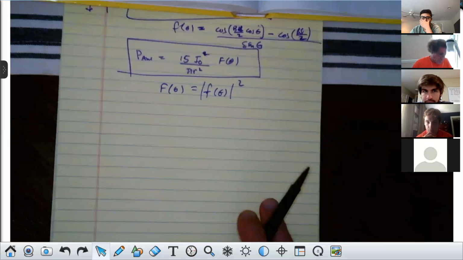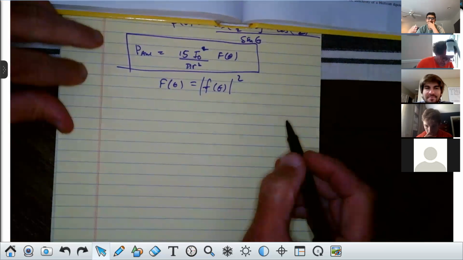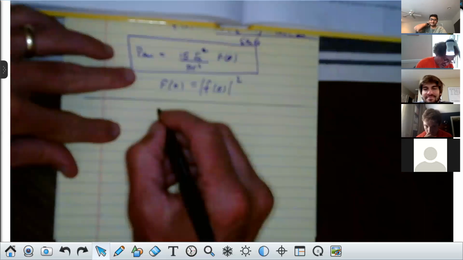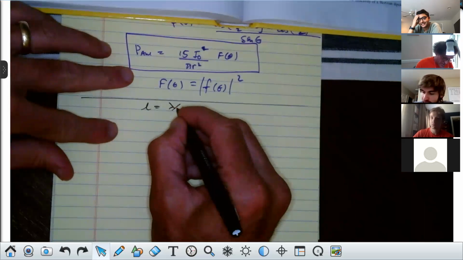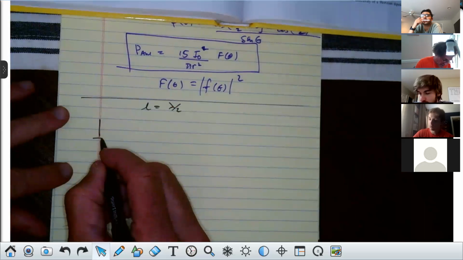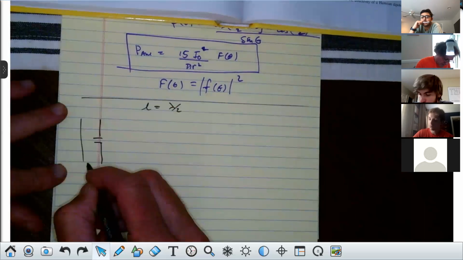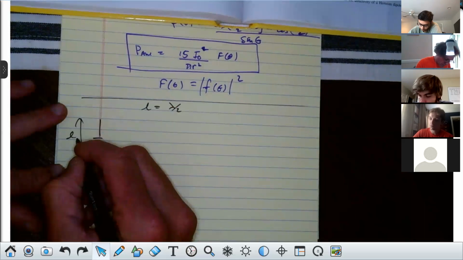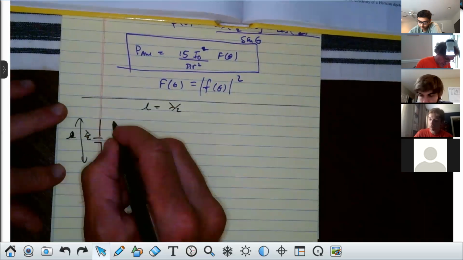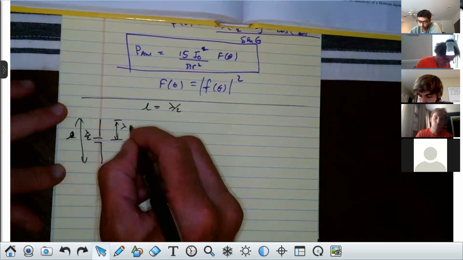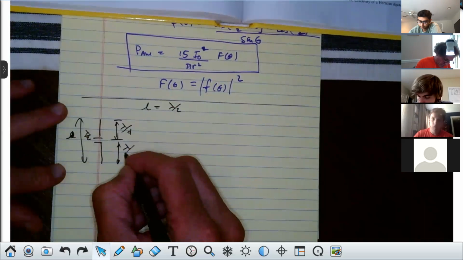So now, when we talk about the half-wave dipole, these are special cases. When L, the length of the dipole, is now lambda over 2. This is extremely common. Here, you're going to have total length lambda over 2. And that means between here and here, it's lambda over 4. Between here and here, lambda over 4.